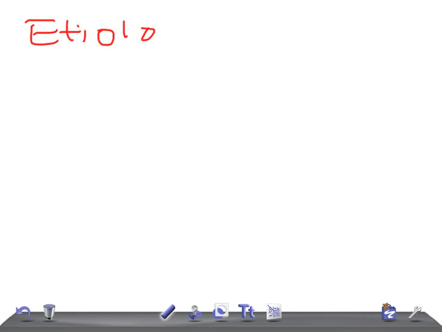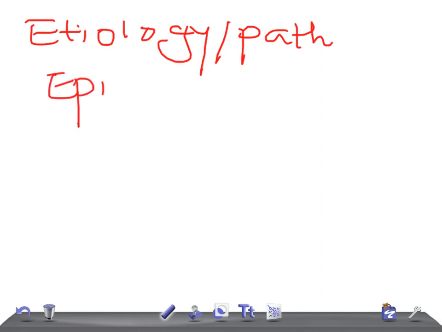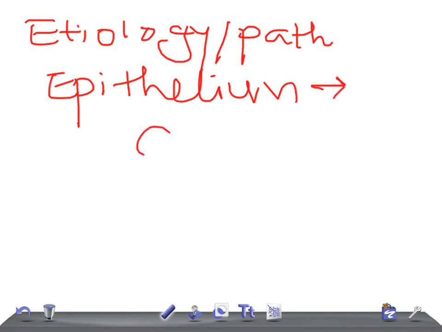Etiology and pathogenesis. The lateral two-thirds of the ear canal is composed of epithelium with glands that produce cerumen.